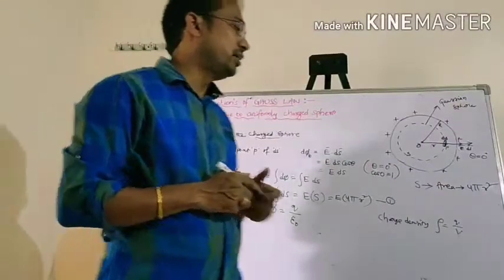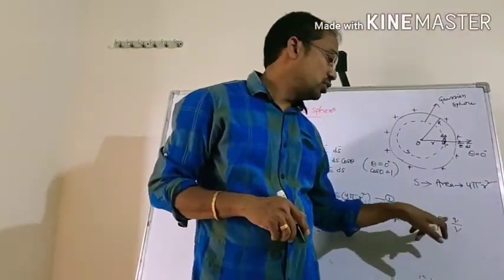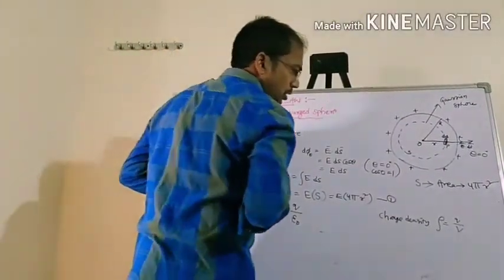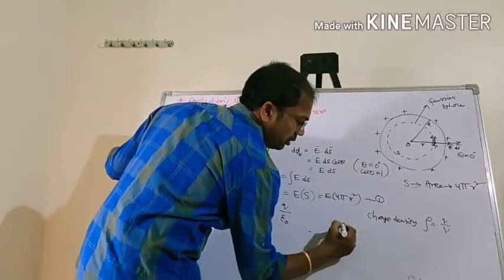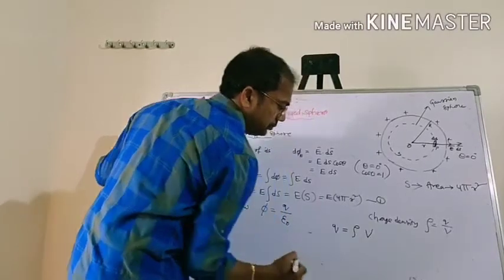Charge density what? Charge per unit volume. This is called charge density. So I am writing, see here, q is equal to rho v.